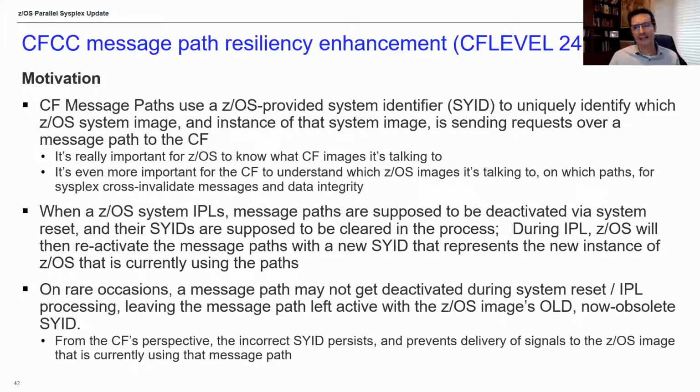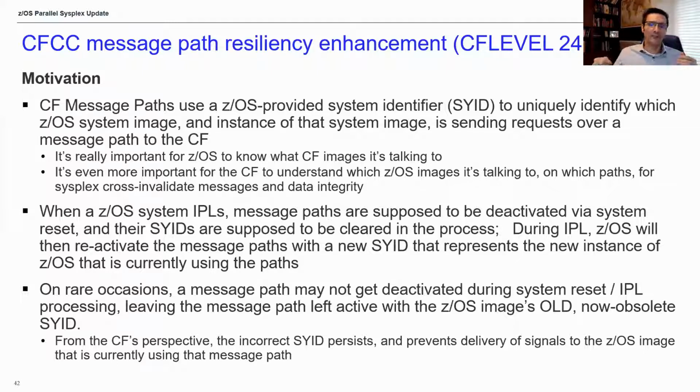message path resiliency. Now, a lot of these things are rare events on the system, and this is a rare event. So we have to describe how the system behaves before we can determine what the problem is. Let's talk about how the CF and z/OS communicate when z/OS comes up.